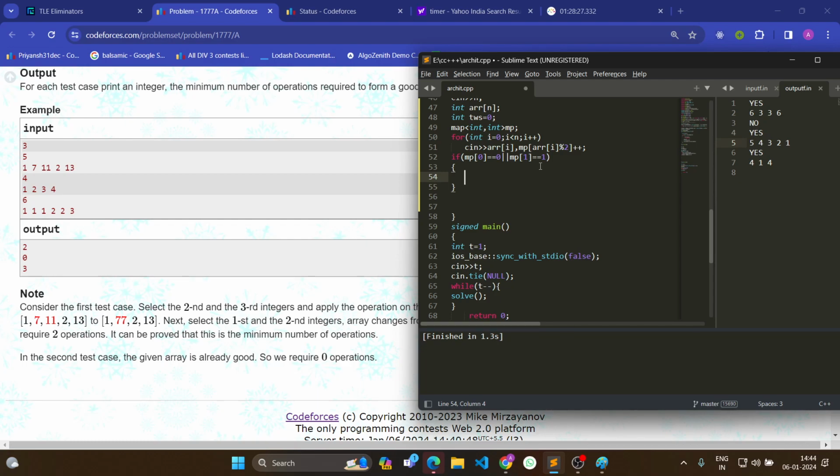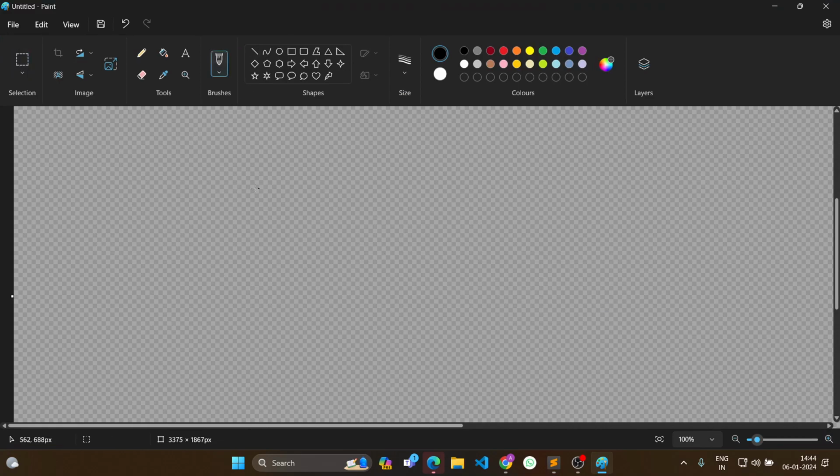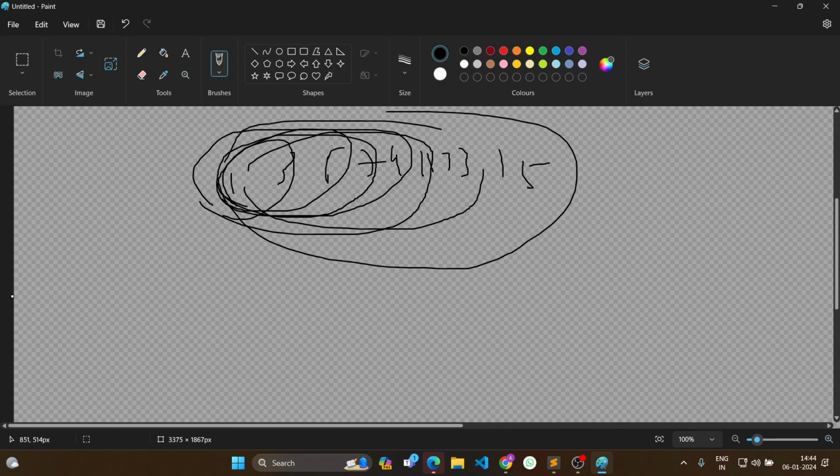Then the answer is 0. If the absolute difference is less than or equal to 1, then the answer is always 0. Otherwise, I just need to make the absolute difference 1 or 0. So if it is 1, 3, 5, 7, 9, 11, 13, 15, I will take 1, 2, 3, 4, 5, 6, 7.